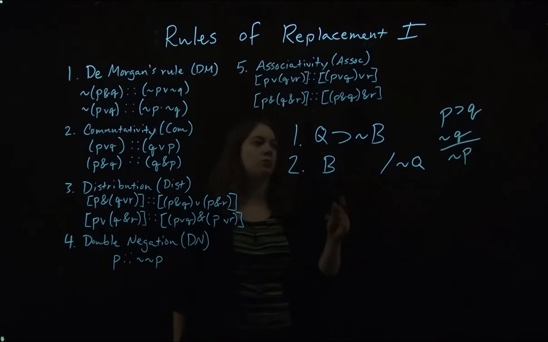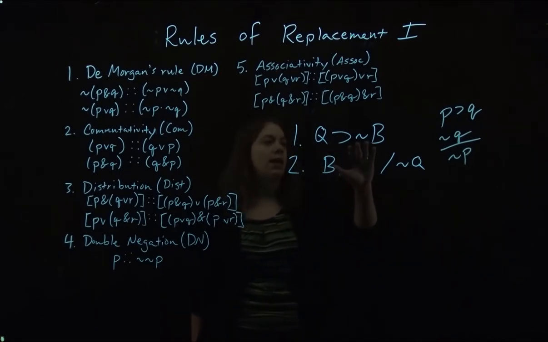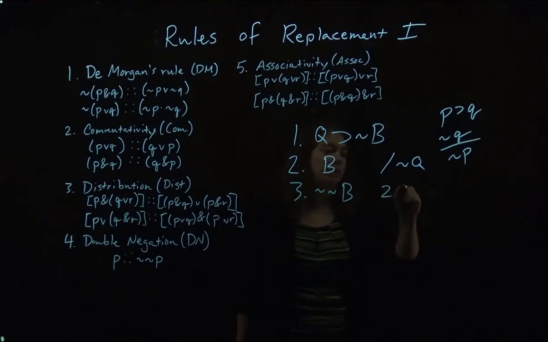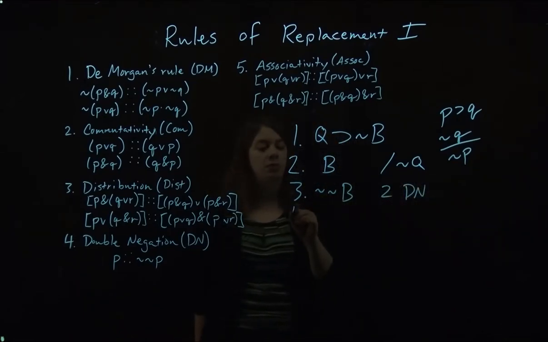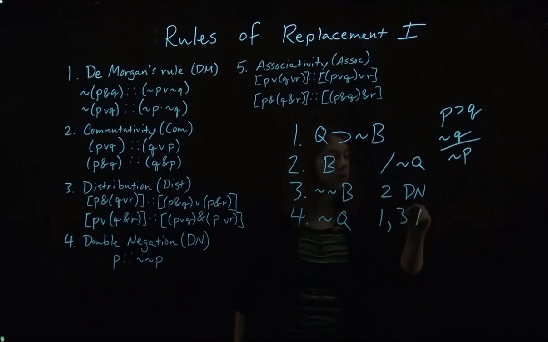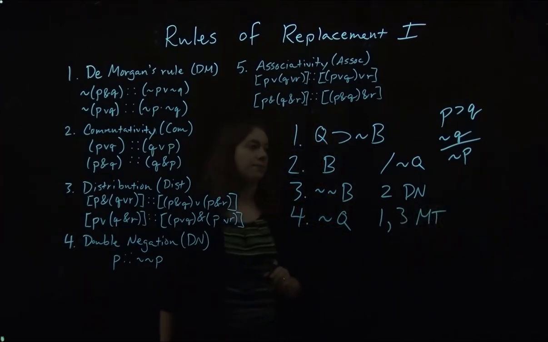So if you have this case where you're going to use modus tollens and the consequent is already negated, you will need to use double negation. So here we go, we have tilde tilde B, using double negation on line 2. And now you can derive not Q from lines 1 and 3 using the rule of modus tollens.